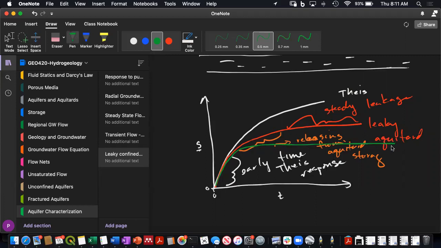So this would be drainage from an aquitard or confining unit with no storage.